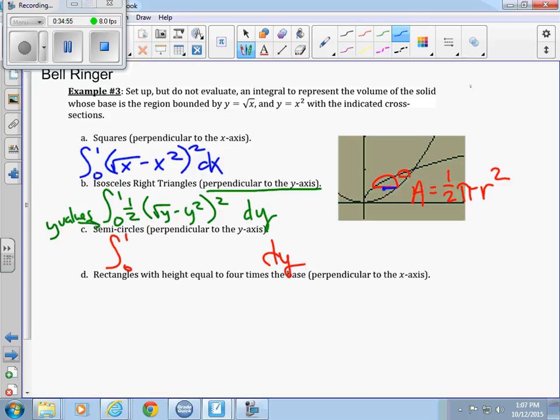One half of the base. Be careful, most people who mess up semicircles mess them up right there. They remember this half, but forget to find the radius instead of the diameter. So it is 1/2 pi times the radius, which is half of the square root of y minus y squared.